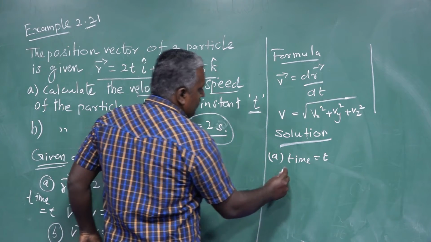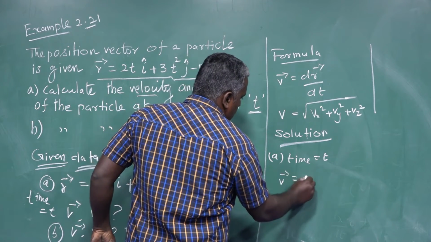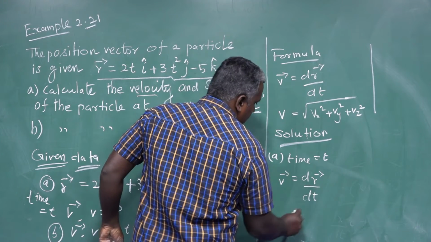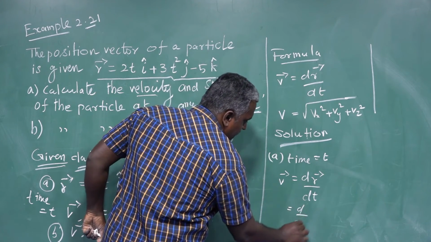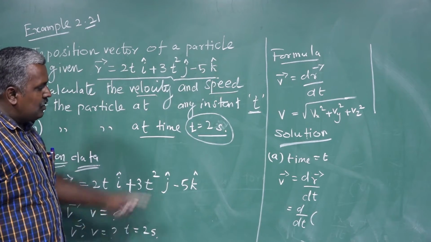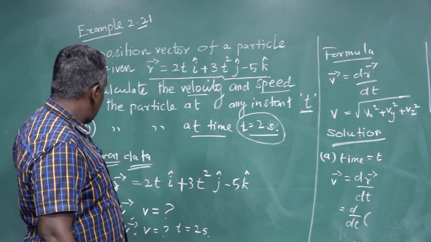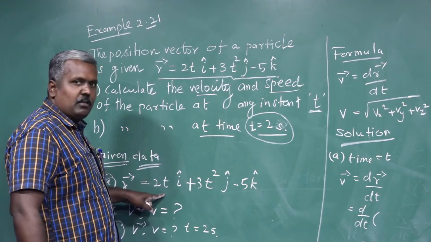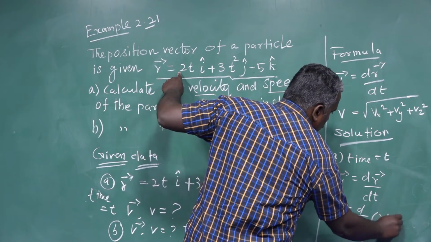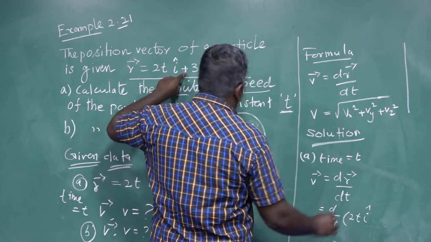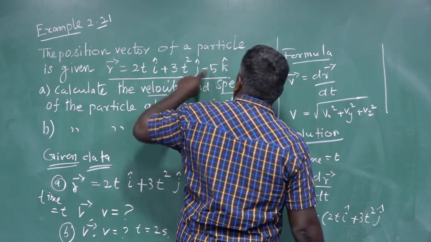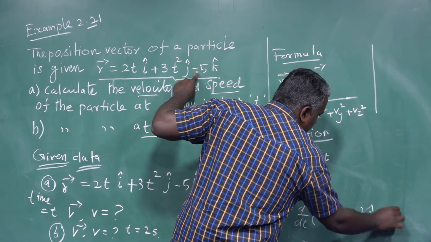So v vector is equal to dr vector by dt. So d by dt of the r vector; you should substitute the r value in this formula. What is the r value? 2t i cap plus 3t square j cap minus 5k cap.